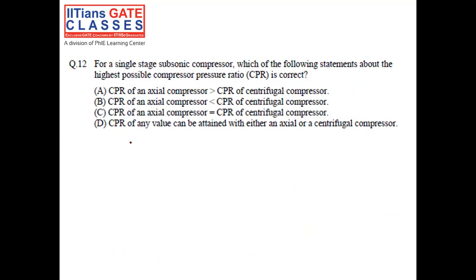Now for a compressor, the pressure increase across the compressor can be given by this equation: dP by rho equal to d of (omega square r square by 2) minus d of (v square by 2).